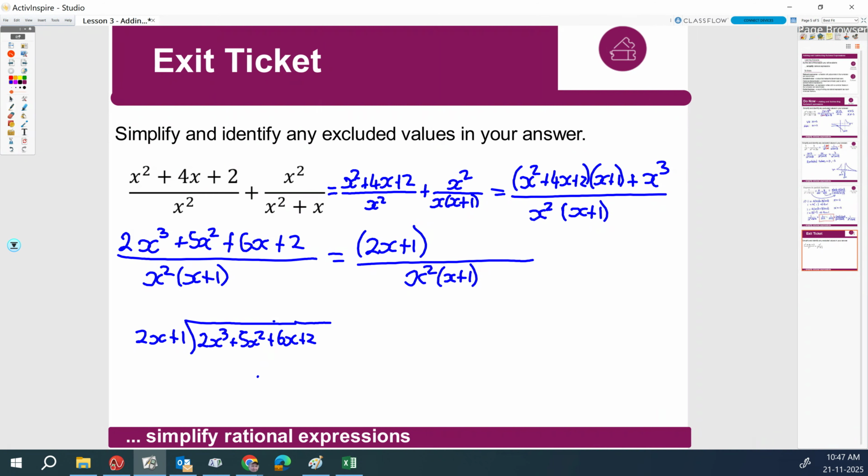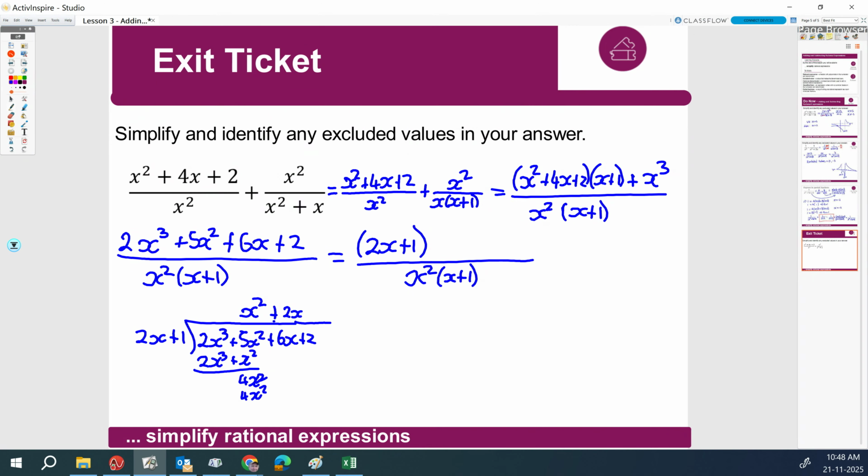We can't do synthetic division because the divisor isn't monic. So we want to multiply by what? What do we multiply 2x by to get 2x cubed? x squared. So we'll get 2x cubed plus x squared. And then we do our subtraction: 4x squared. So we're going to multiply by 2x, which will give us 4x squared.